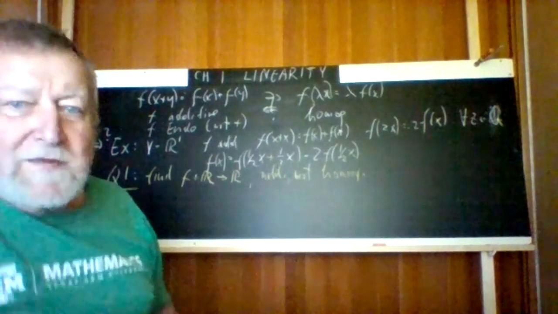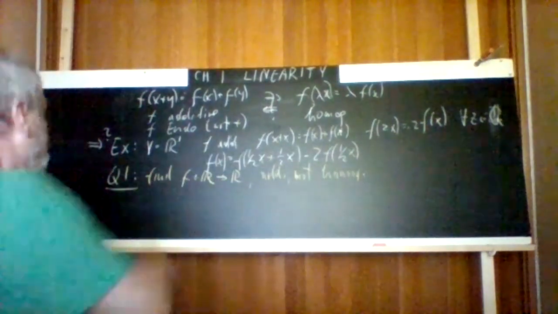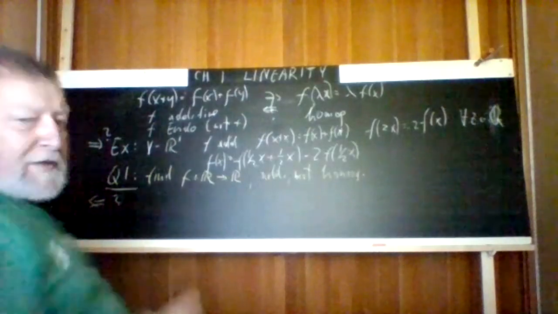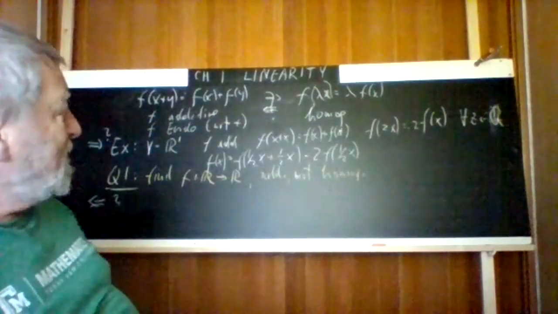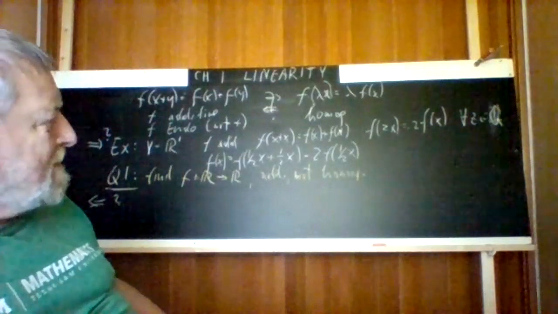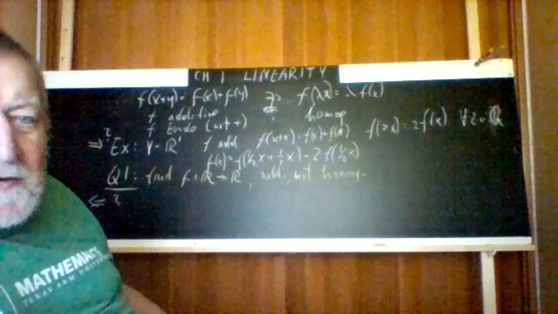The next thing is that we might look if the other implication works. Well, f of lambda x is equal to lambda f of x. Thus, does this imply additivity?